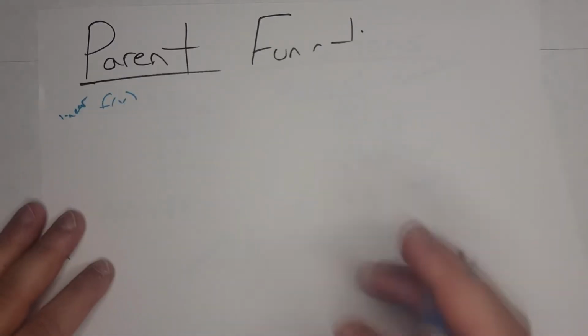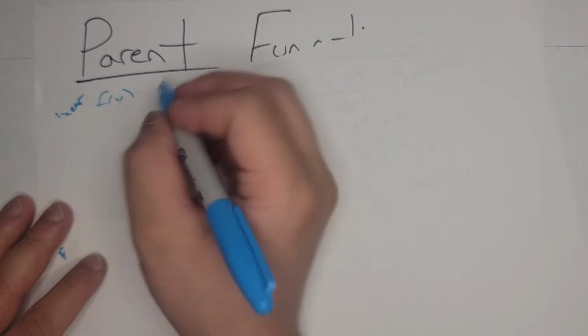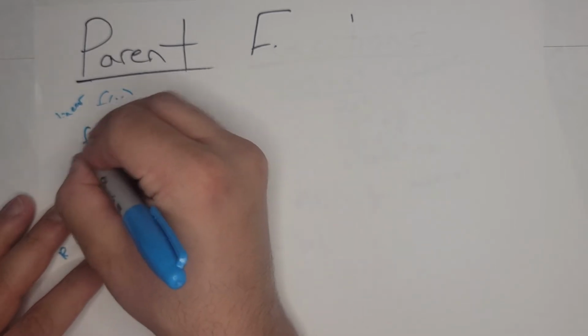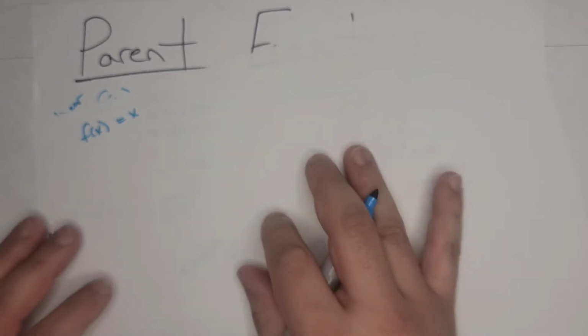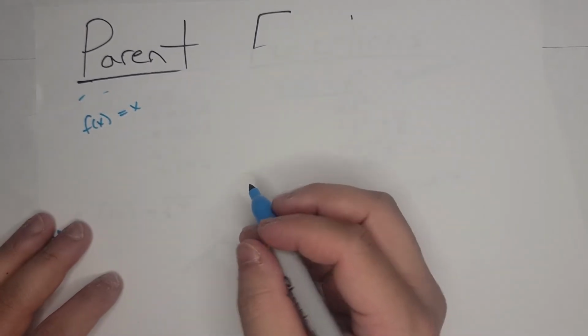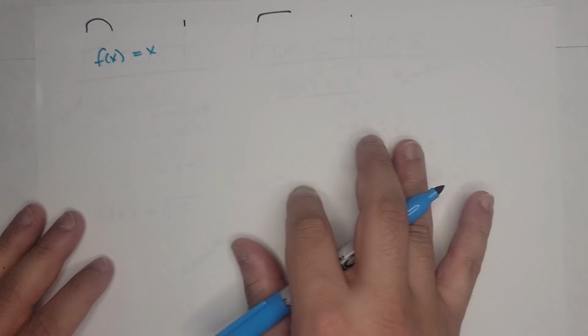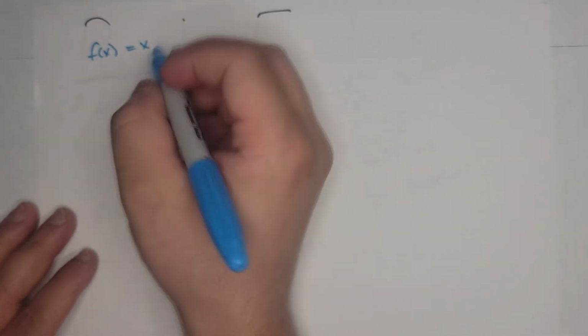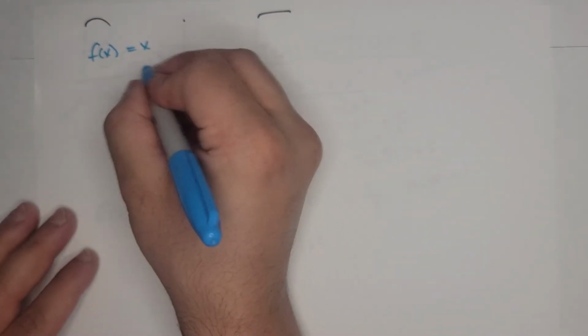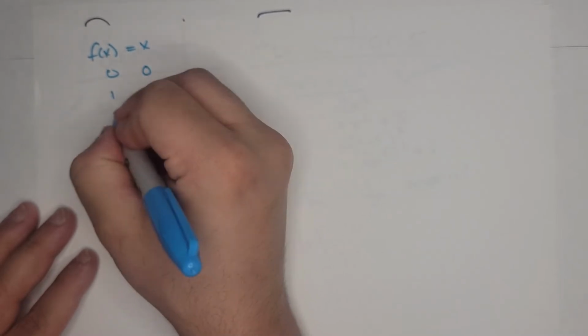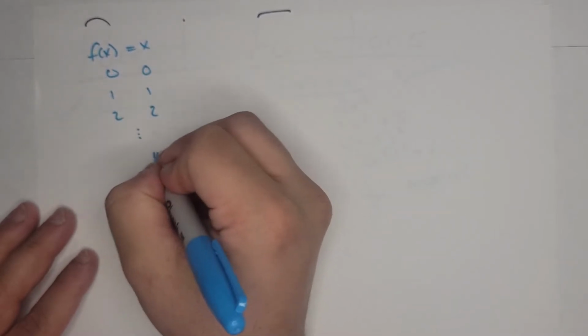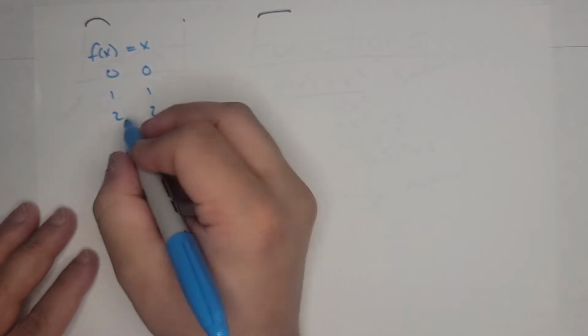So basically, let's do the linear one first. And this is very easy to understand once we map it out. Say we put in 0 for x, this is 0. We put in 1, that's 1, 2, 2, dot, dot, dot, 100, 100.